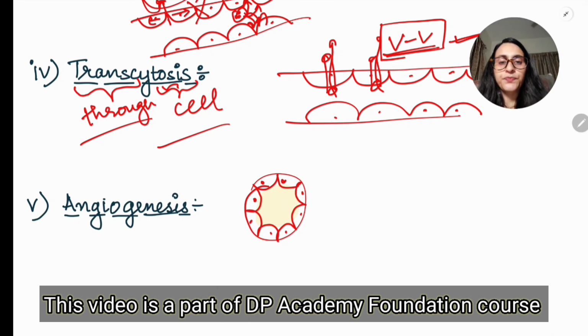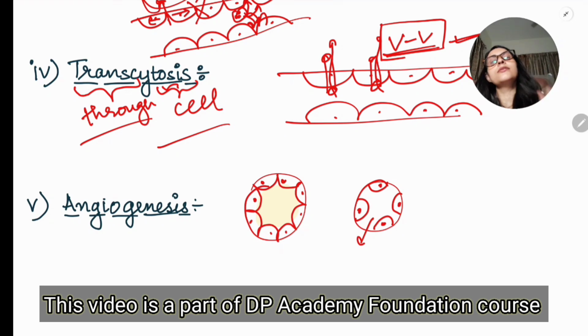Angiogenesis is an immature blood vessel, that means a newly formed blood vessel, and the endothelial cells are not packed here. There is a lot of gap here, and these are known as leaky channels. Through these leaky channels in these new blood vessels, there is an increase in vascular permeability. And the mediators again here are the same, histamine and VEGF.